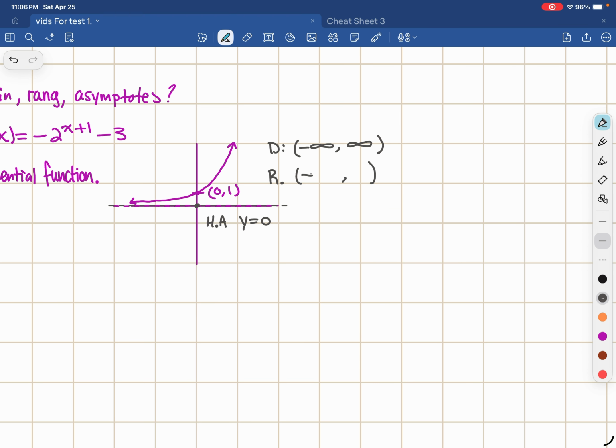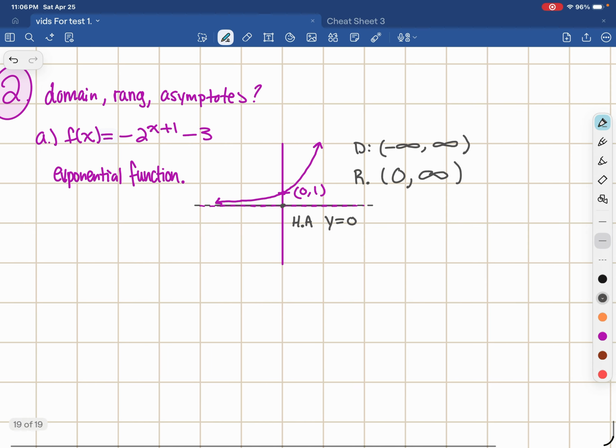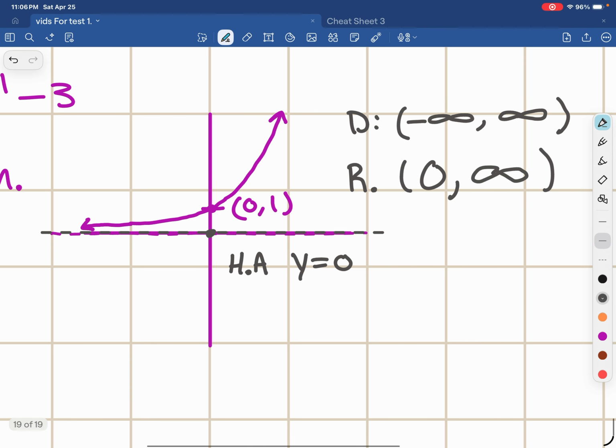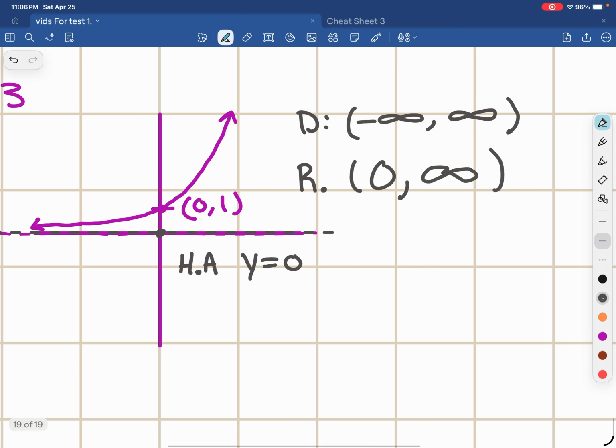But you're going to see this actually is 0, infinity. And we're looking at y values here, right? So y is at 0 to infinity.